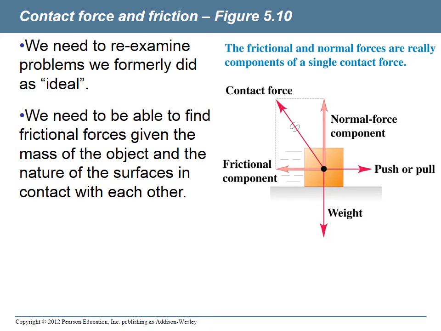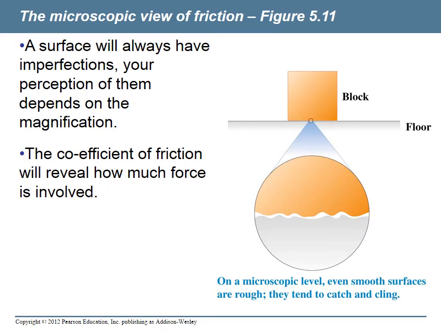Okay, but where does friction come from? Is the question here. So you have that same block from the previous slide sitting on the floor here, and if you look at it very closely, this block is not perfect, neither is the floor. And there's probably dirt and all kinds of other stuff in there, right? And so you have these little bumps, right?